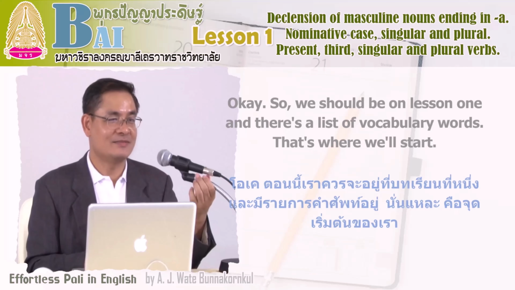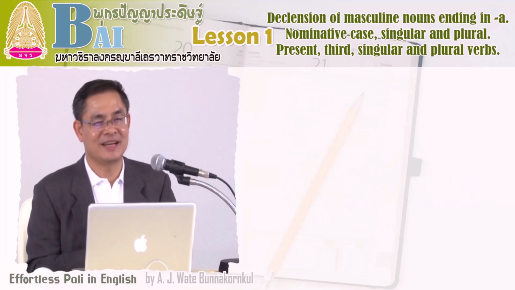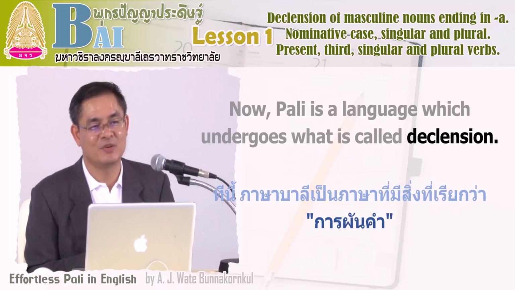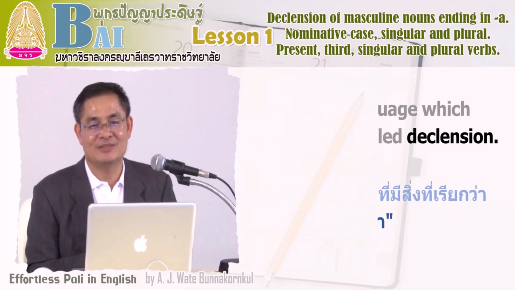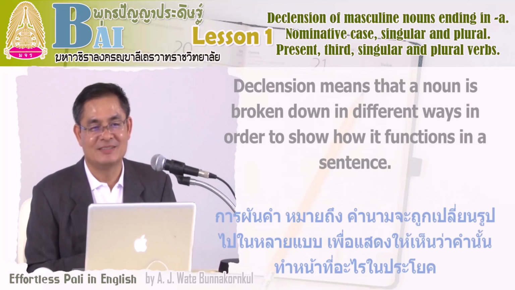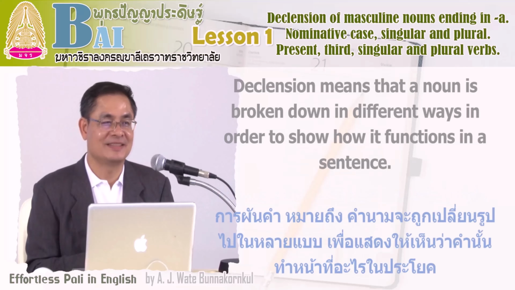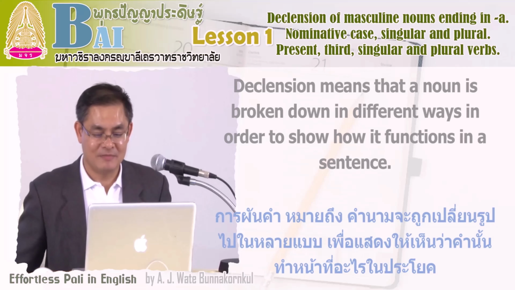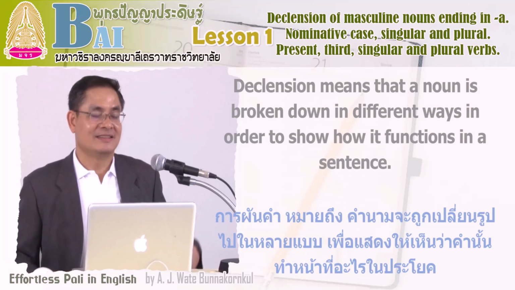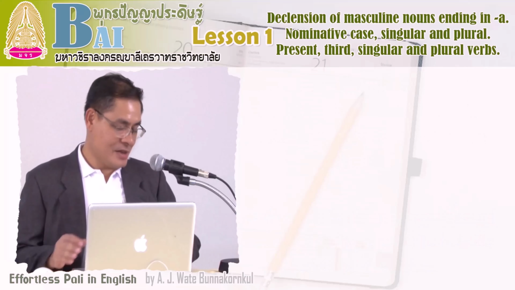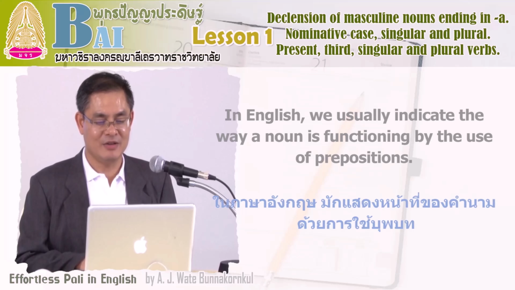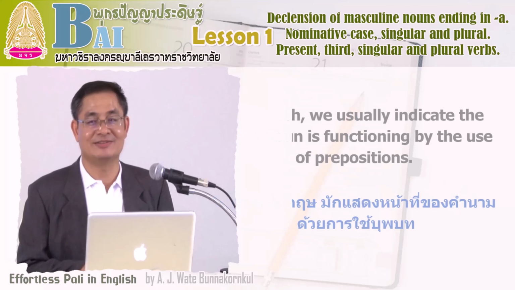That's where we'll start. Now, Pali is a language which undergoes what is called declensions. Declension means that a noun is broken down in different ways in order to show how it functions in a sentence. In English, we usually indicate the way a noun is functioning by the use of prepositions.